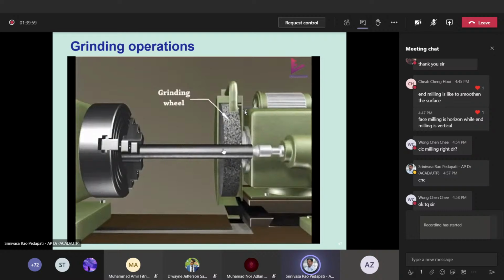Now the work is held between centers. This is called the live center. This is called the dead center in the case of a lathe. So the work is held between centers, and there the work is not between centers. That is why centerless.